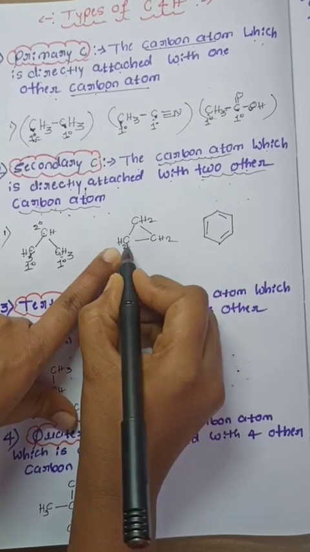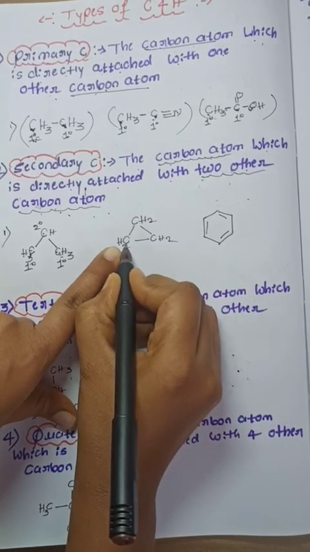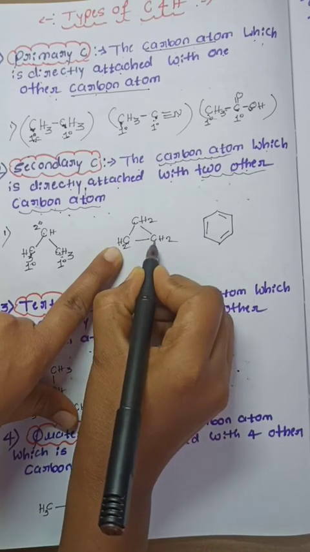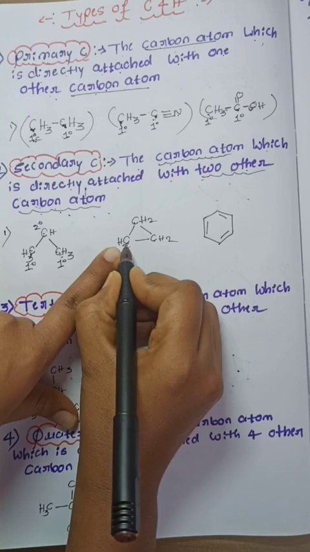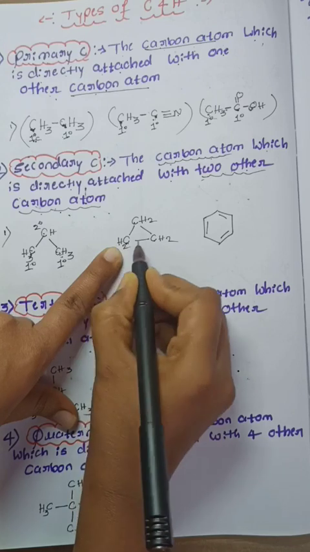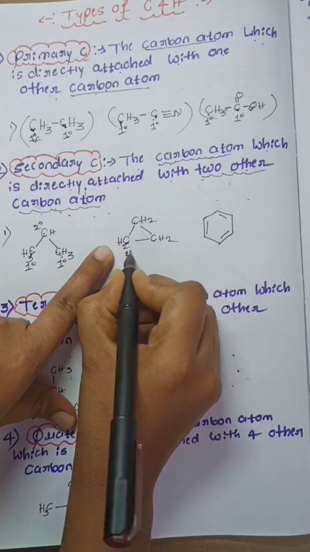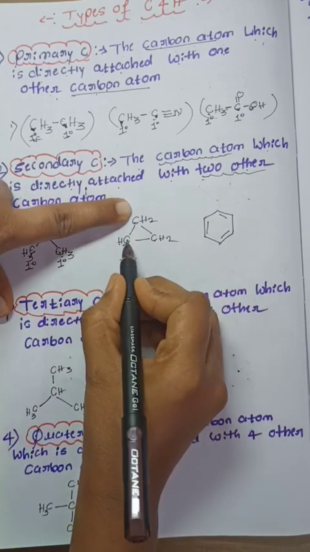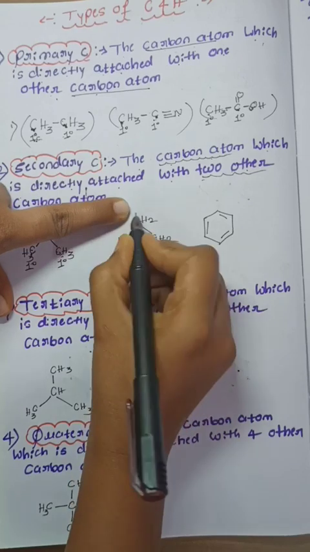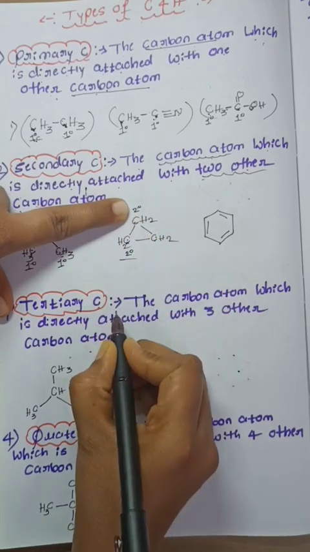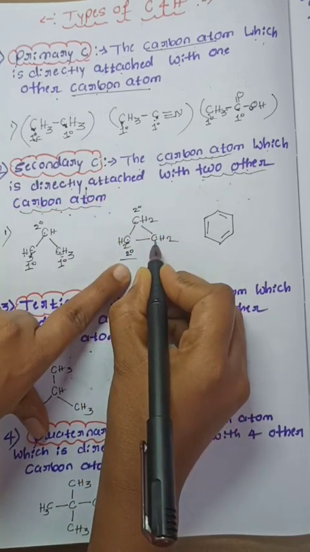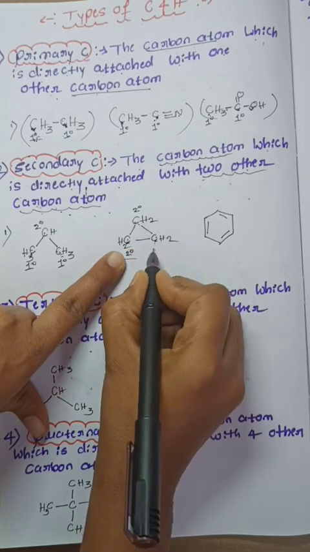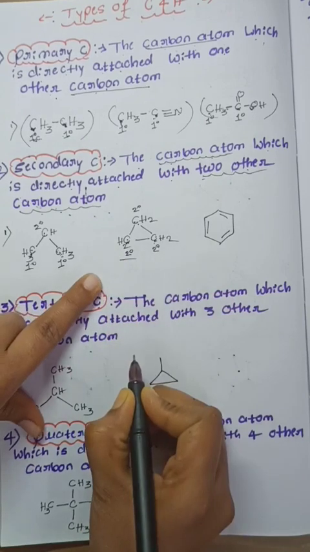This carbon is directly attached with one carbon here and one carbon here, so it is directly attached with two carbons, so we call this secondary carbon. Similarly this one also is directly attached with one carbon here and one carbon here, so we call this secondary carbon. Understood?